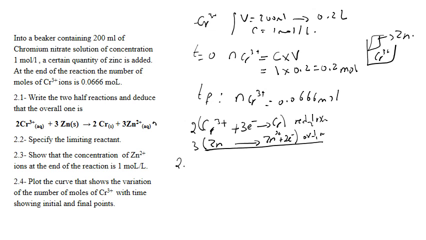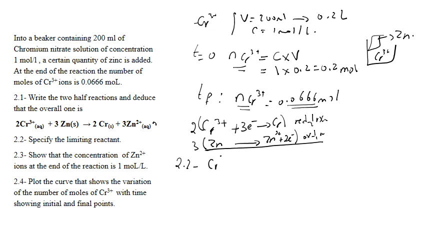But the part 2.2 is an important part. How can we specify the limiting reactant? By comparing the number of chromium ions at time equals 0 and the number of chromium ions at t final, we notice that a certain quantity of Cr3+ remained unreacted.